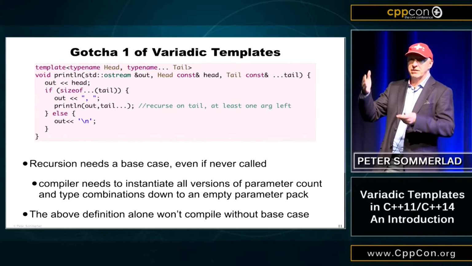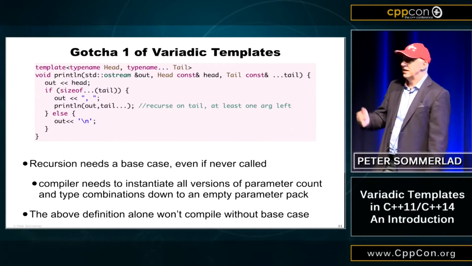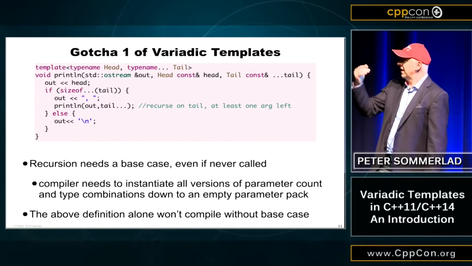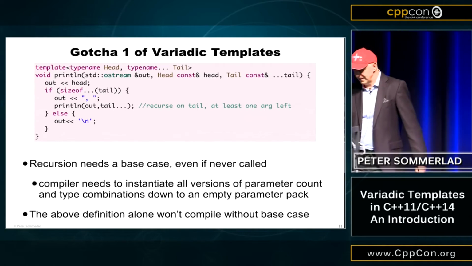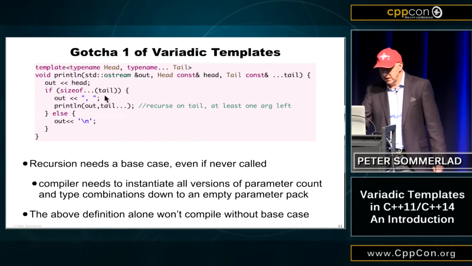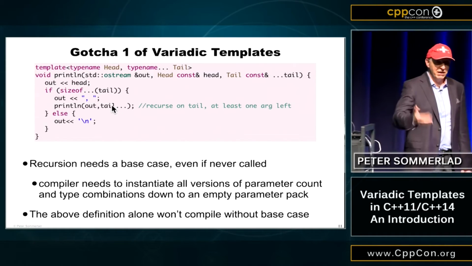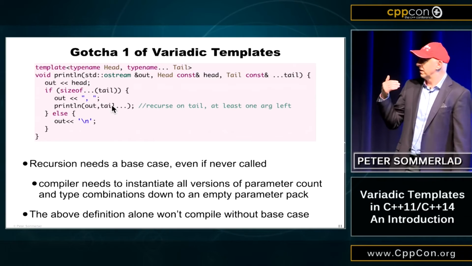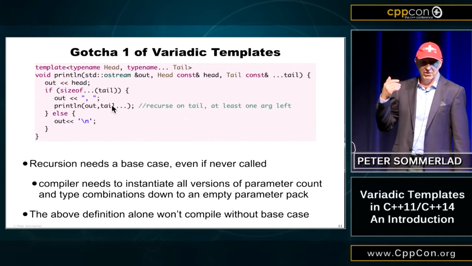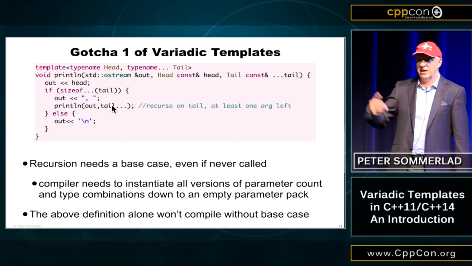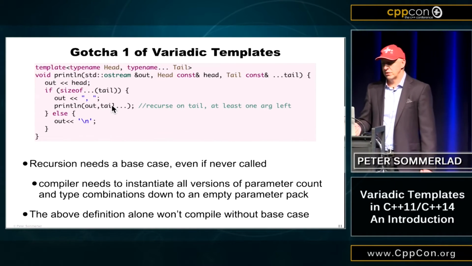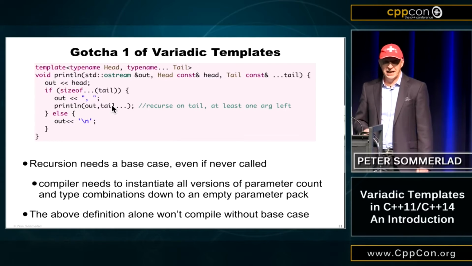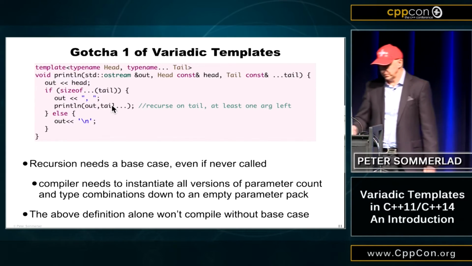So we call println with one argument, it matches into the head, the tail is empty, size of tail is 0, but it still has to compile this little piece of code, even though it's not called when size of tail is 0. So we have to provide the overload with println and the zero-size parameter pack, so the println without anything, even though it's never called. We get compile errors if we forget that.